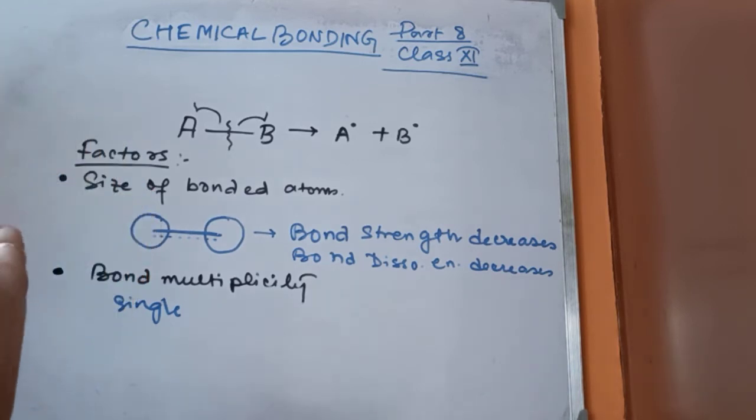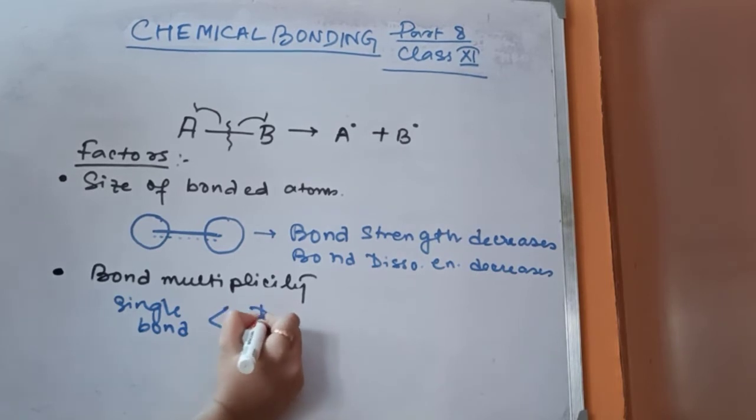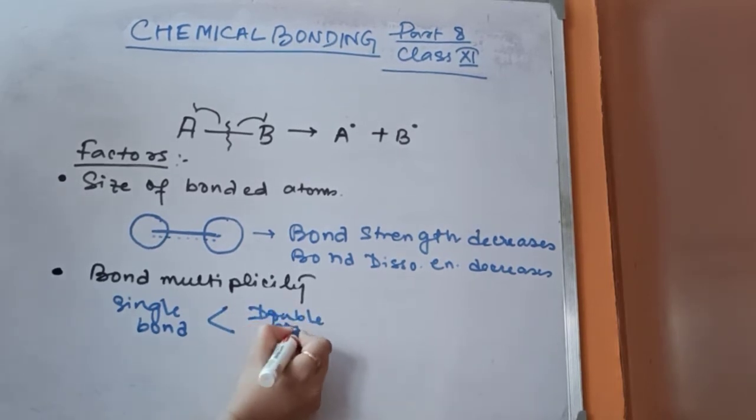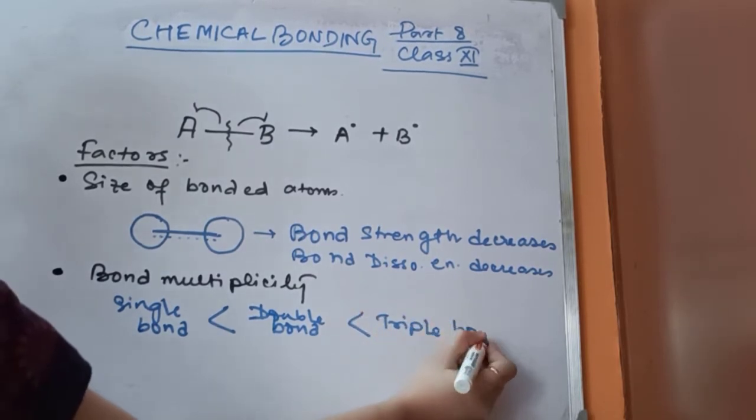But in case of bond multiplicity, for triple bond the bond strength is the highest, and so a very large amount of energy will be required to break the triple bond. So the bond dissociation energy is highest for triple bond, followed by double bond, and the bond dissociation energy is lowest for single bond. So single bond, double bond and triple bond.